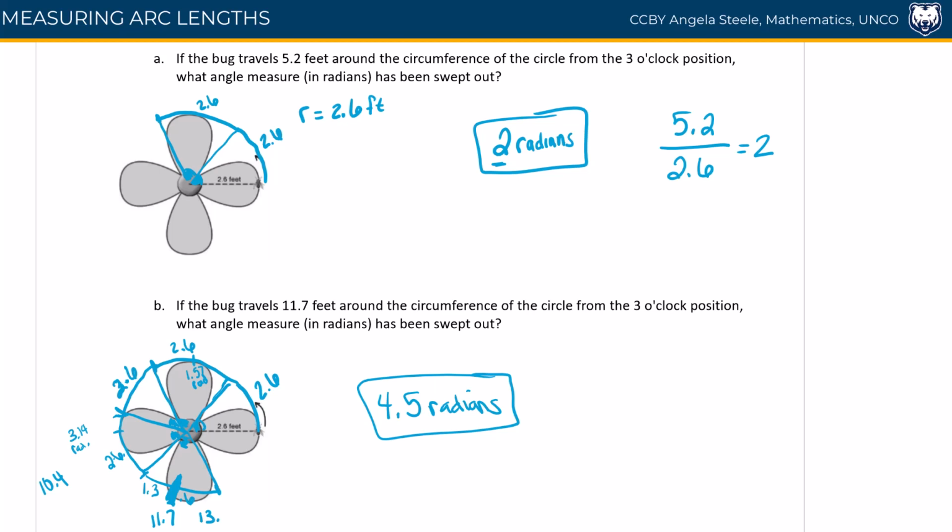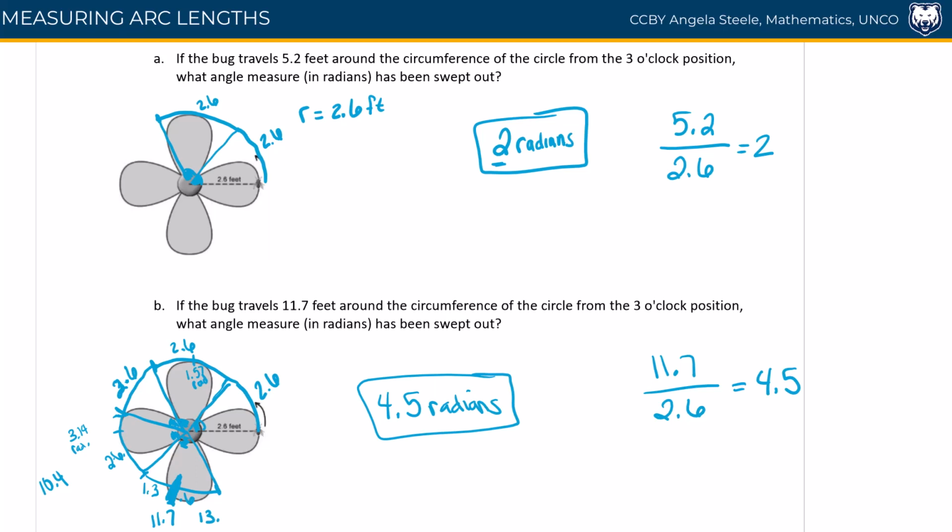Very similar for part B, we have a total of 11.7 feet. We want to know how many 2.6 arc lengths fit into that 11.7. So we take 11.7 divided by 2.6, and that gives us 4.5 radians.